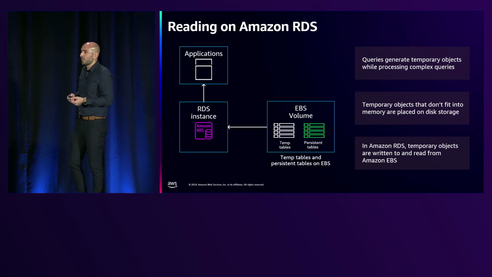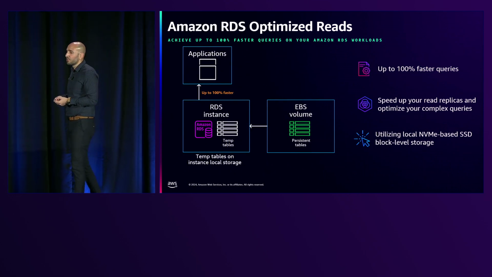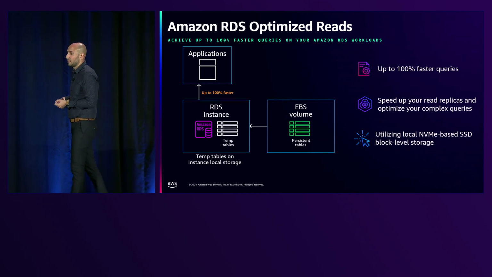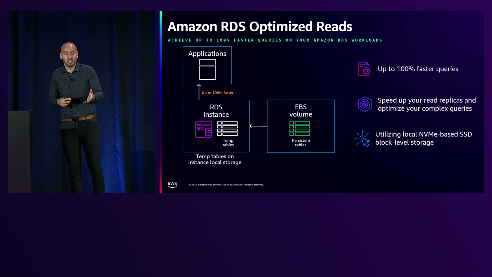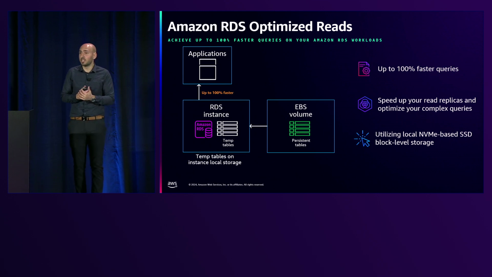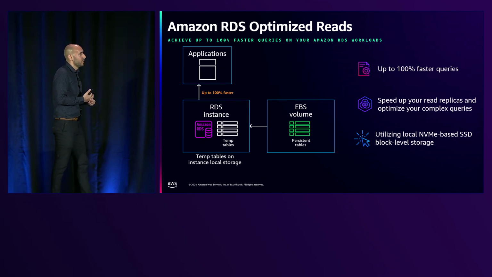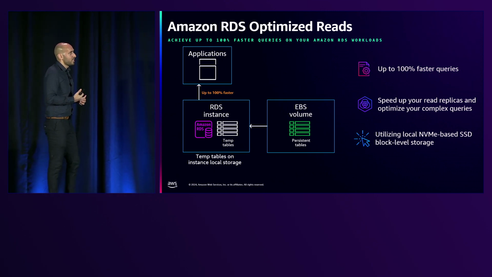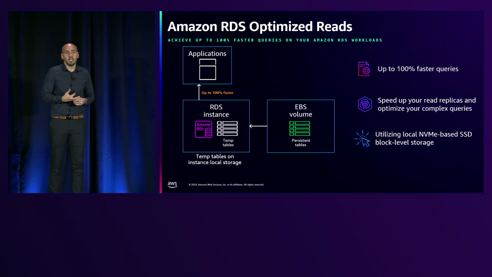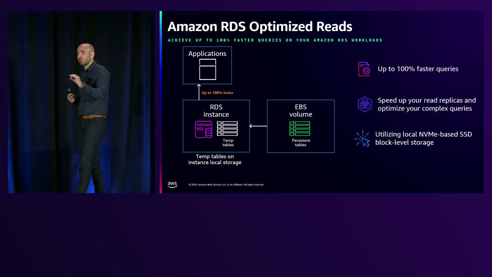So one way to address this issue is using a great feature, which I highly recommend to most of my customers who face this issue of temporary objects being written to the EBS, and that's called RDS Optimized Reads. RDS Optimized Reads essentially provides you local, fast NVMe SSD that is targeted especially for that use case.